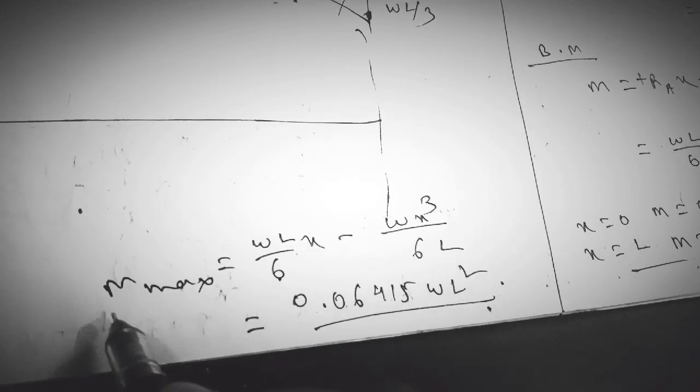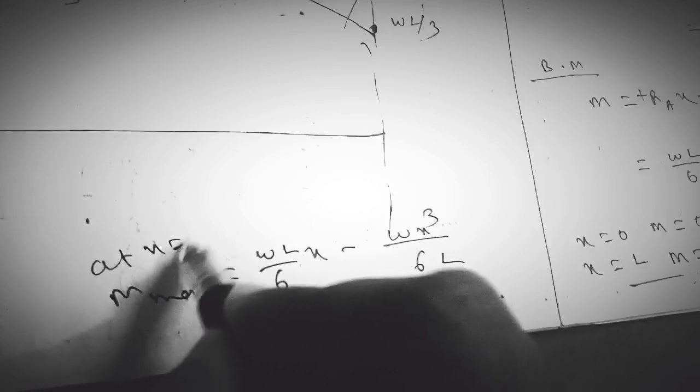If you put x equal to L by root 3 here, you will get the maximum bending moment equal to 0.06415 WL square. This will be the maximum bending moment at x equal to L by root 3.